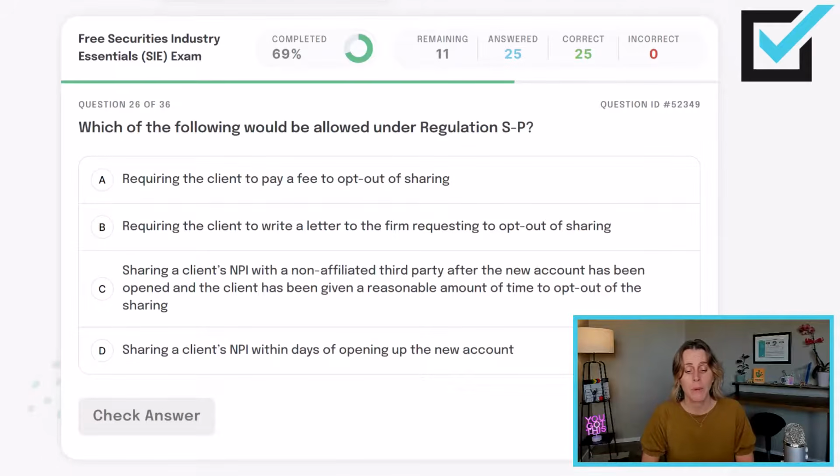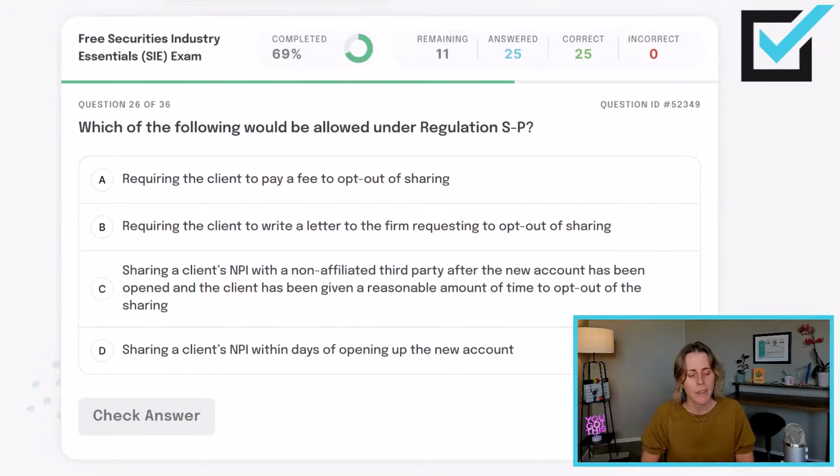Which of the following would be allowed under Regulation S-P? Requiring the client to pay a fee to opt out of sharing. S-P is the privacy requirements. It's the financial services industry adoption of the Gramm-Leach-Bliley Act. Requiring the client to write a letter to the firm requesting to opt out of sharing?